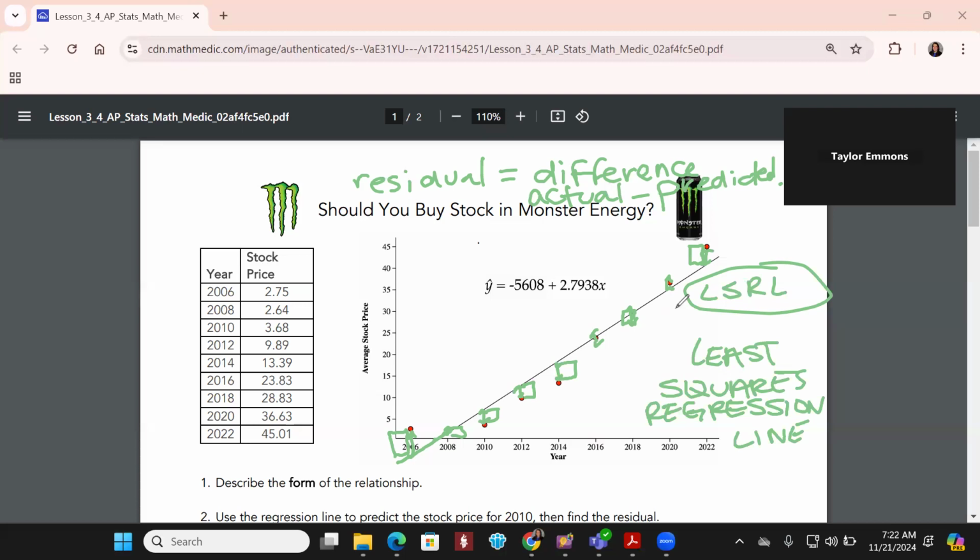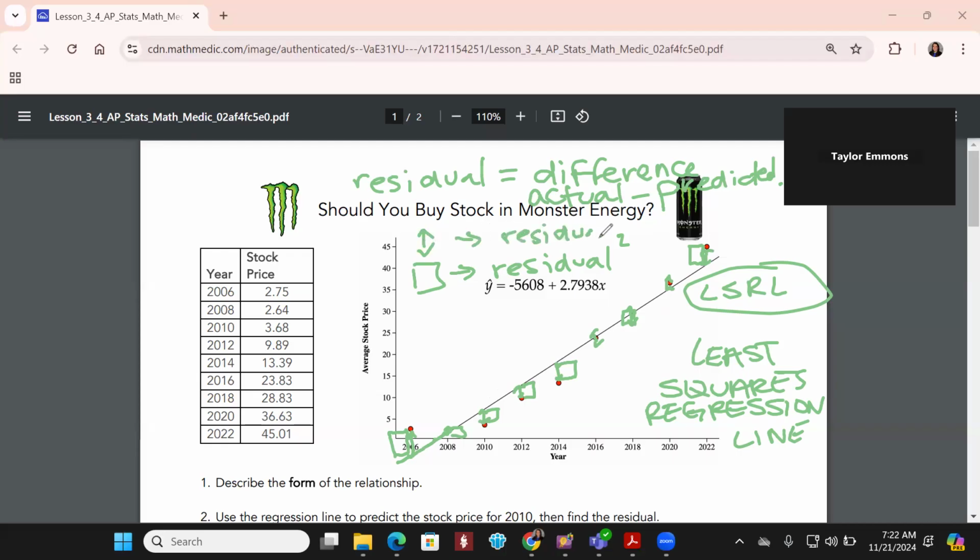Now, the little boxes that we just drew are the residual squared, because it makes a square. Little arrows is just the residual.